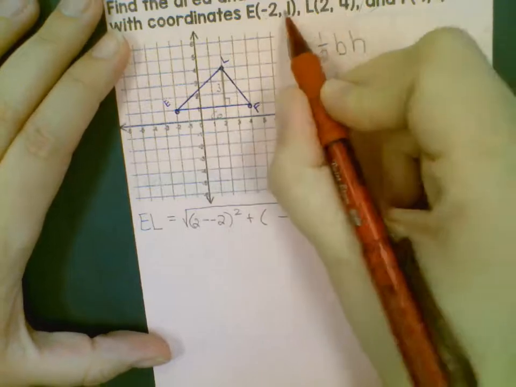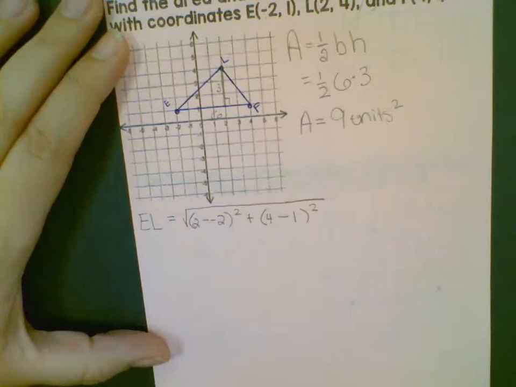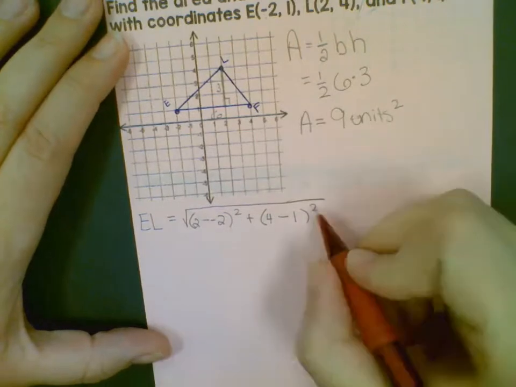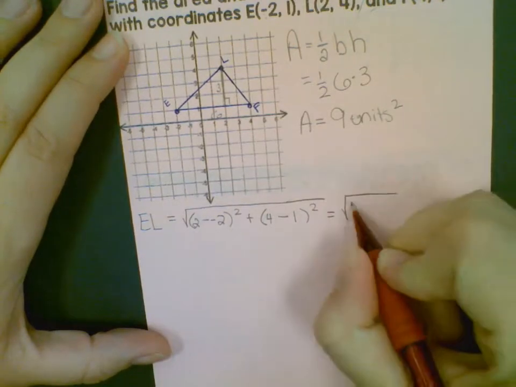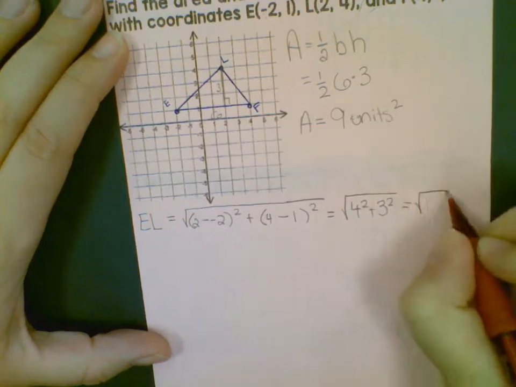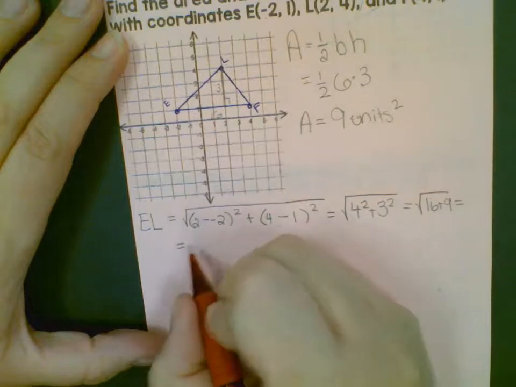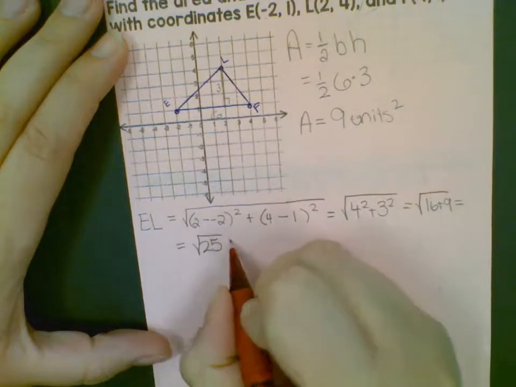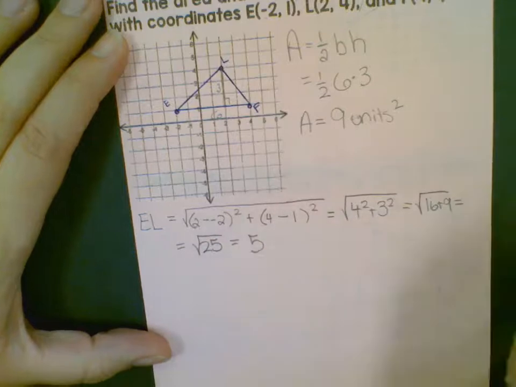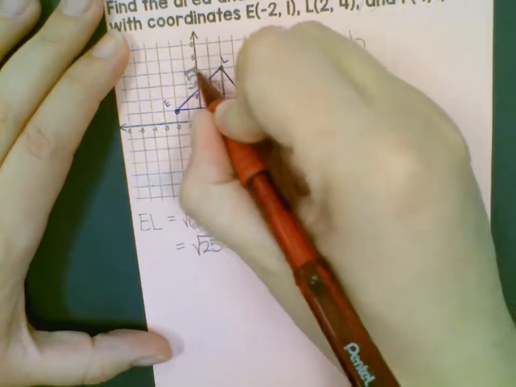And then the y is 4 minus 1. Okay, so remember that minus negative is plus, so we would have the square root of 4 squared plus 3 squared. So that would equal the square root of 25, so we get 5. So that means that the length of EL is 5.